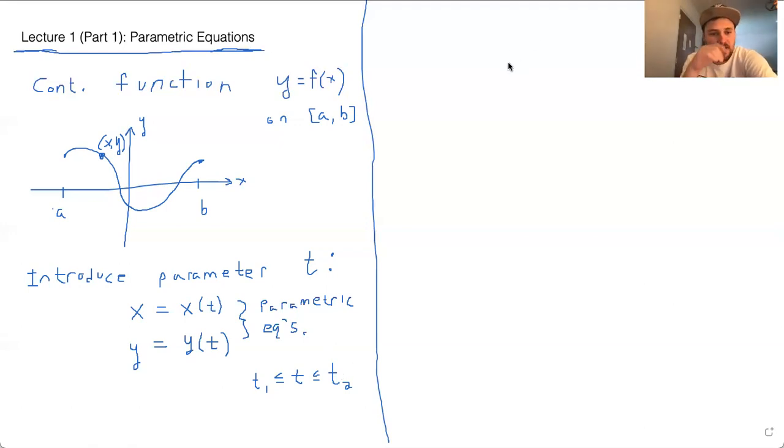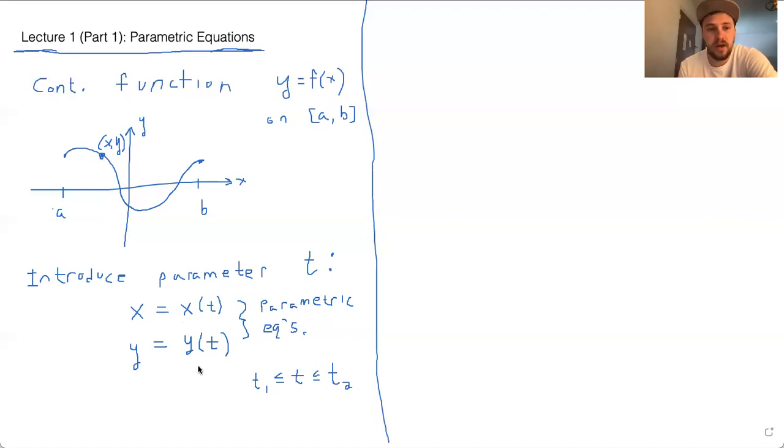Before we take a look at an example, let's quickly see what is going on intuitively here. With the parameterization of a function, these two parametric equations, I'm no longer indicating where I'm at on a curve based on its spatial position on the graph.